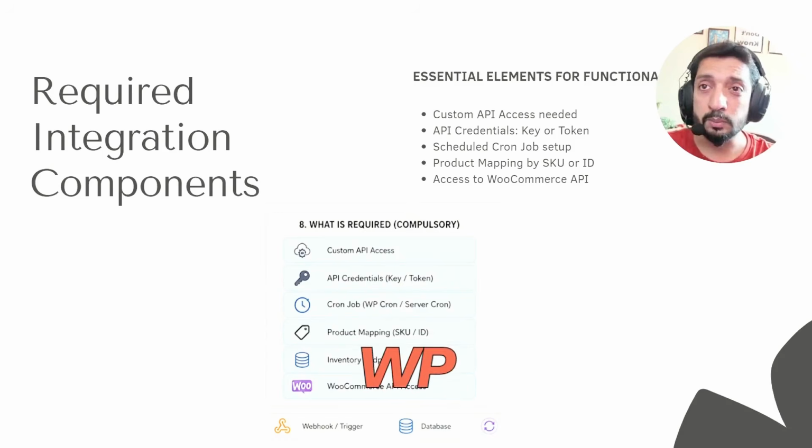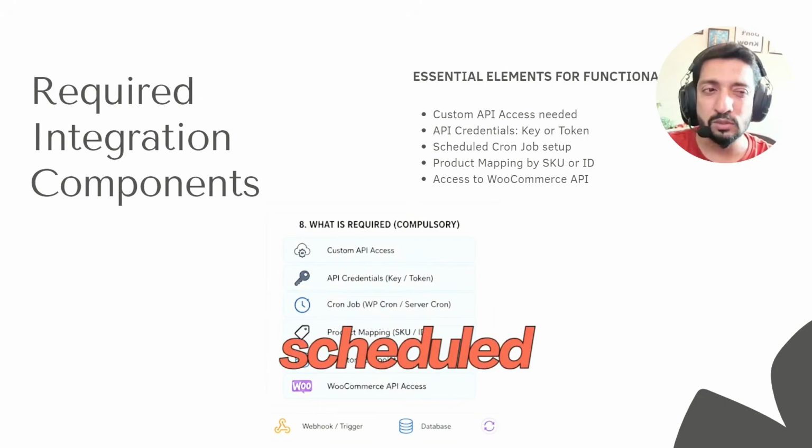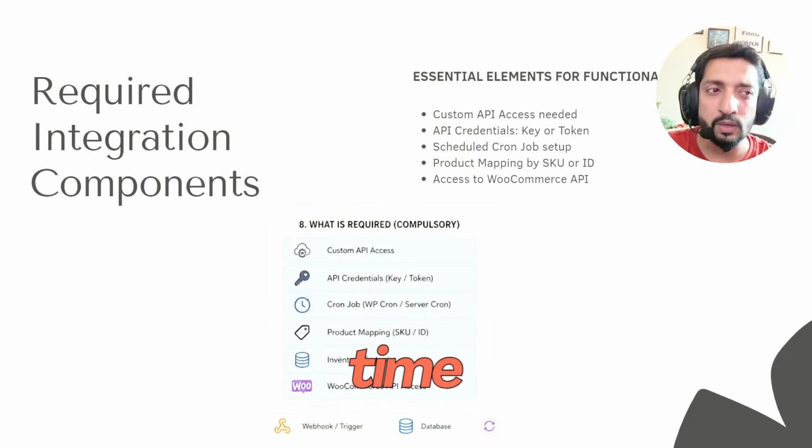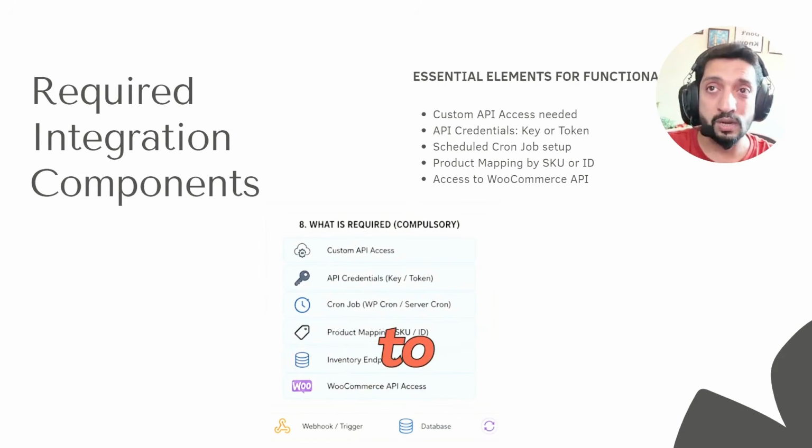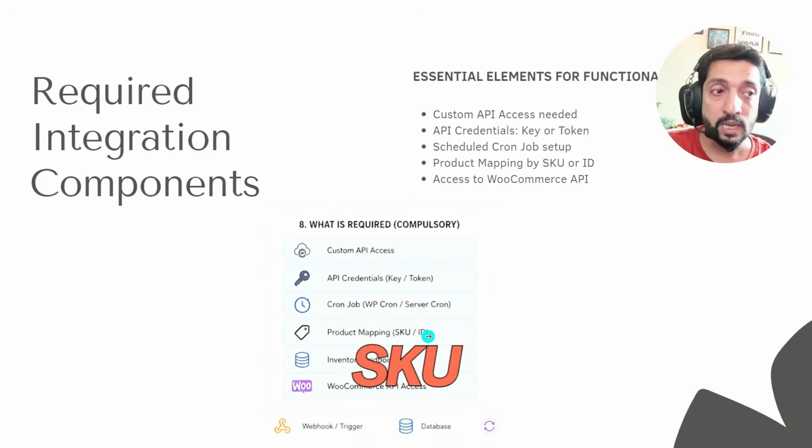If not, then WP-Cron is there, and WP-Cron has to be scheduled at a very specific time, an off-peak time. That has to be done very carefully, because we don't want our WordPress traffic to be affected by these cron tabs.